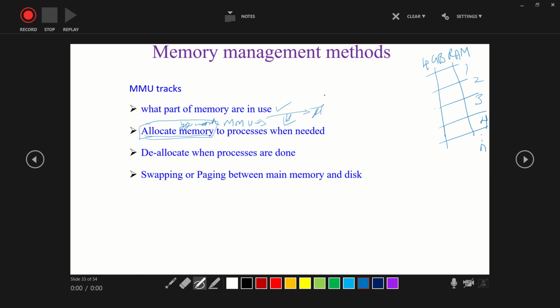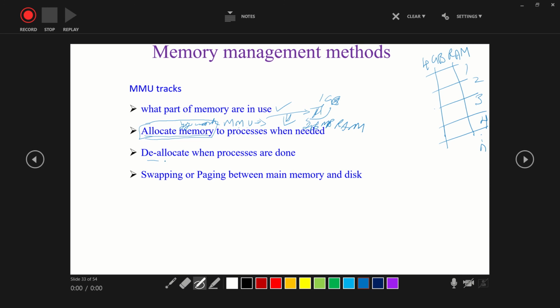So if you would need 1 GB RAM, with a proper memory management unit you may use only 256 MB RAM. That is due to proper memory management.